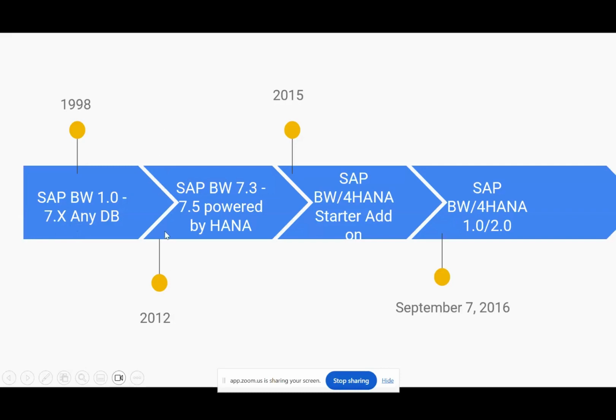And then this 7.x version later moved to 7.3 and 7.5. And as I said, it introduced SAP BW powered by HANA. Then when it came to 2015, it created the software component which they called SAP BW powered by HANA. And then later in 2016, they created SAP BW for HANA version 1.0 and then later 2.0 in 2016.